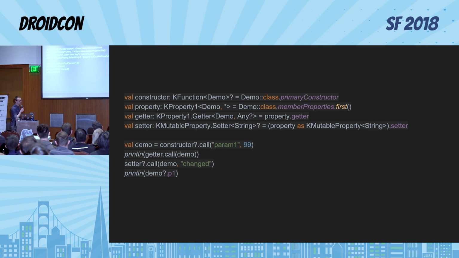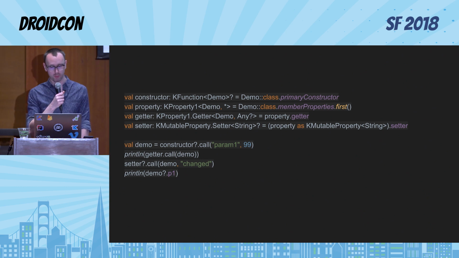Here's a much more advanced example of using some reflection. So that same demo class, from its KClass, you can get its primary constructor. You can get all of its properties and get the first one. From that first property, you can get the setter. That's the third line here. The fourth line is a little wordy, but if you look at it for a minute, it makes sense.